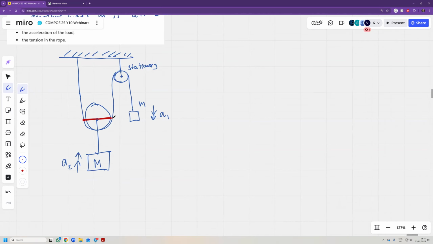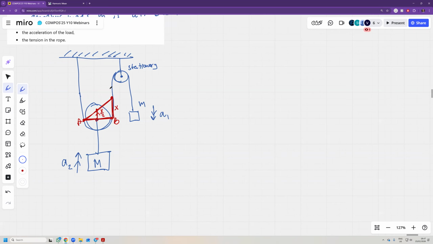And another way of looking at it is if we pull the rope up, if we pull B up by a distance x, and A stays stationary, then the midpoint moves up only by x over 2.